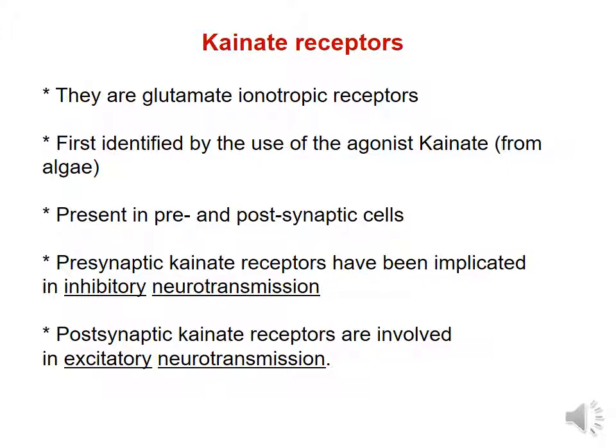A curiosity about these kainate receptors is that those located at the presynaptic surface have been implicated in inhibitory neurotransmission by modulating release of the inhibitory neurotransmitter GABA through a presynaptic mechanism. On the other side, postsynaptic kainate receptors are involved in excitatory neurotransmission.